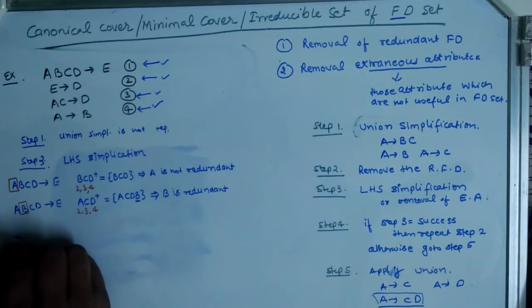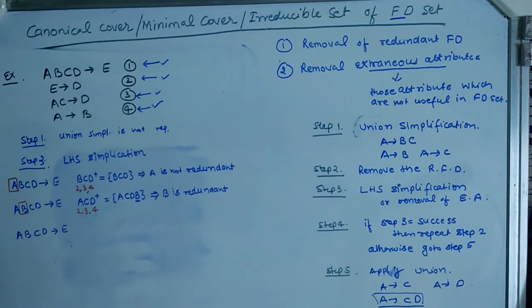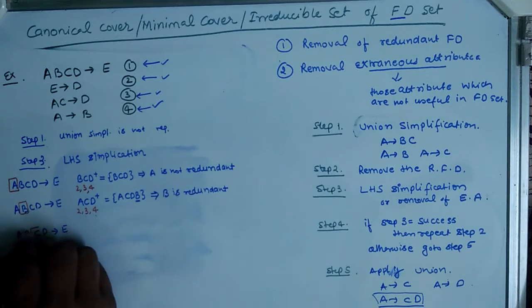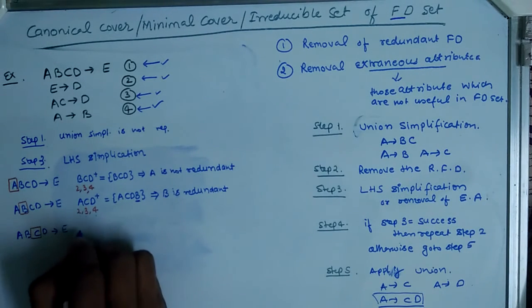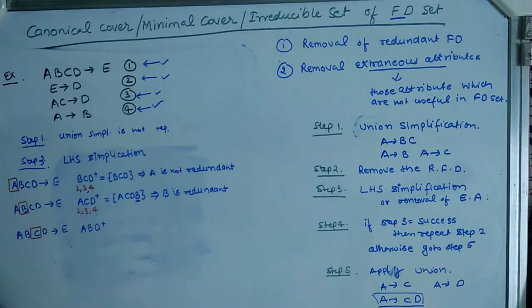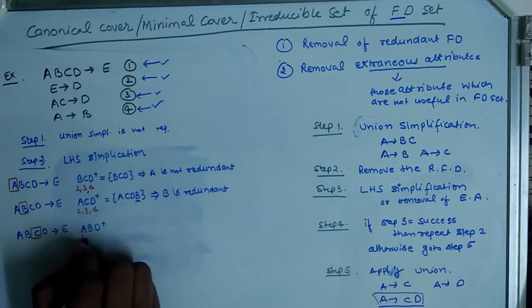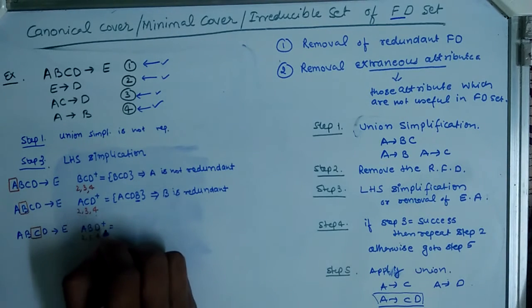Similarly, check for C removal. You remove C from the given functional dependency and calculate the ABD closure from equations 2, 3, 4.